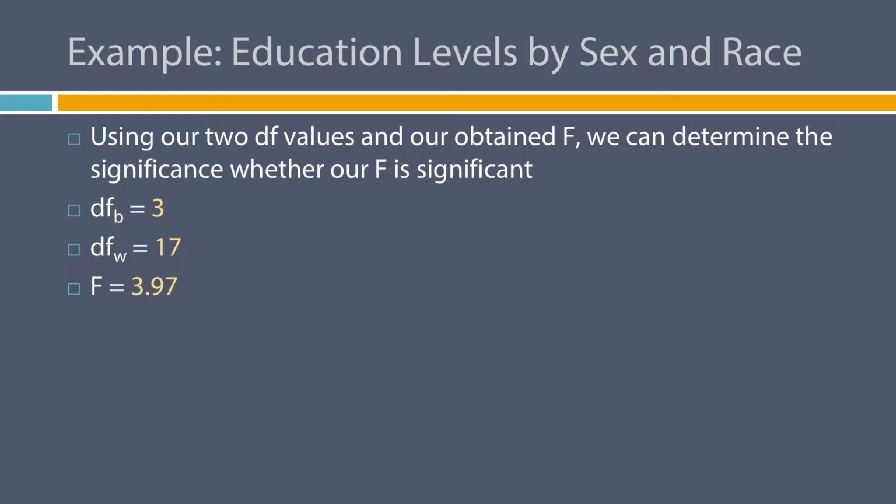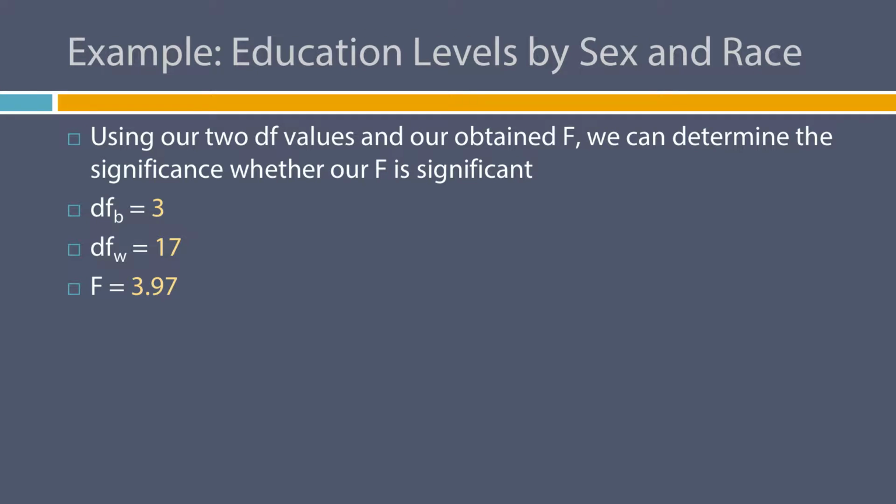Another way of saying that is we want our F obtained to be larger than our F critical. If it is, it means that our relationship is significant. It means that there is a significant difference between the groups in terms of the dependent variable. There's a significant difference between sex and race groups on their education levels.